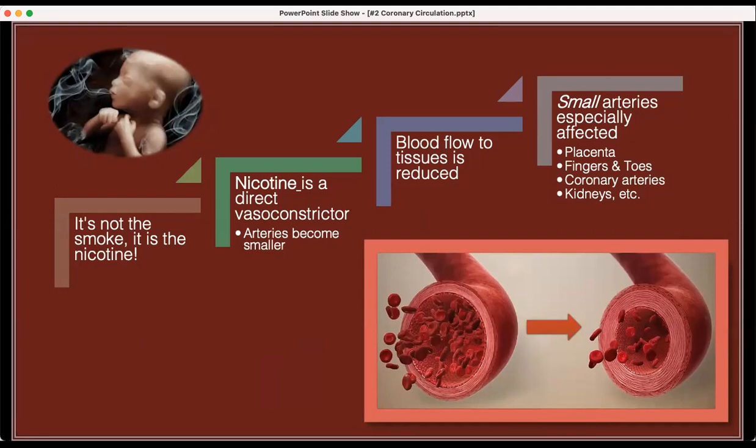And that's especially true for things like fingers and toes, coronary arteries, small vessel disease, kidneys, kidney disease, and especially what we're talking about for pregnancy, the tiny small vessels that are needed for the placenta.